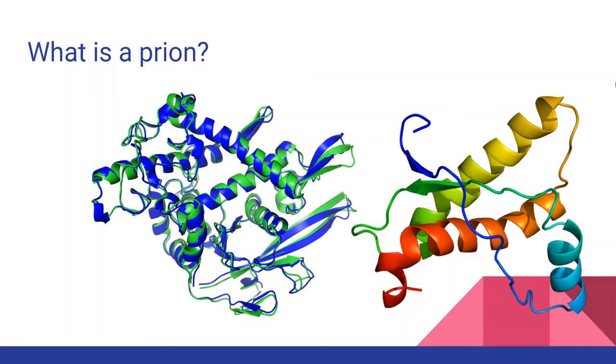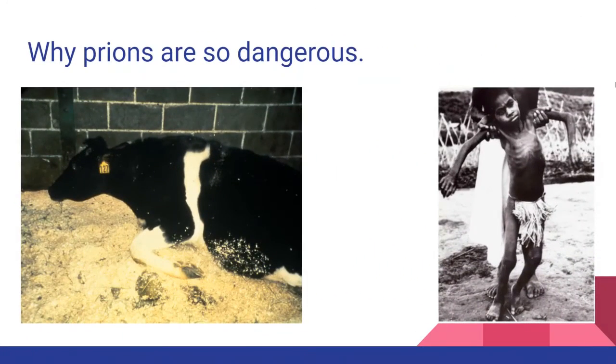And next, we move on to prion diseases. They are extremely dangerous. They have a 100% mortality rate and they're incurable. The reason is that prions are non-living, making them pretty much impossible to destroy.